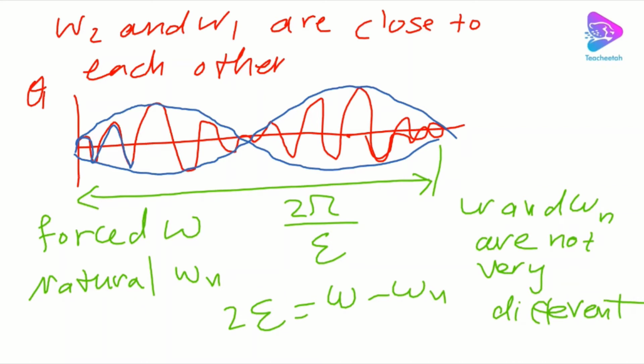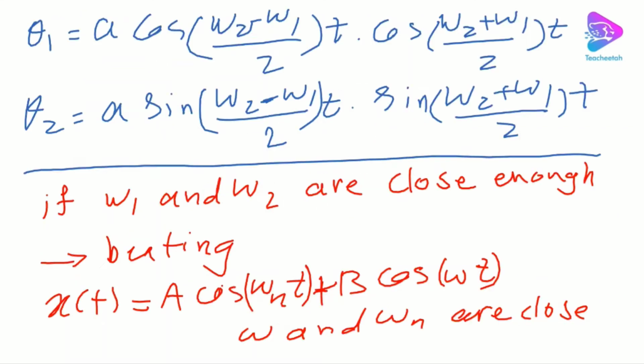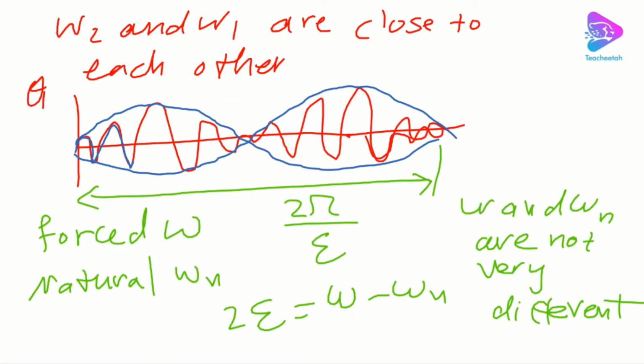And for a 2 degree of freedom system, when we have the natural frequencies close to each other and we have the combination of 2 harmonic functions like what we found here, then we have a beating phenomenon in the system. So remember, when the response of a system is the multiplication of 2 harmonic functions and the frequencies of the 2 harmonic functions are near to each other, then we can say that a beating phenomenon occurs in the system. For this case, let's see what the condition is.